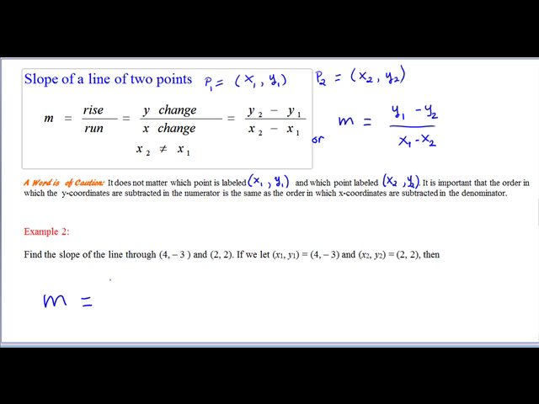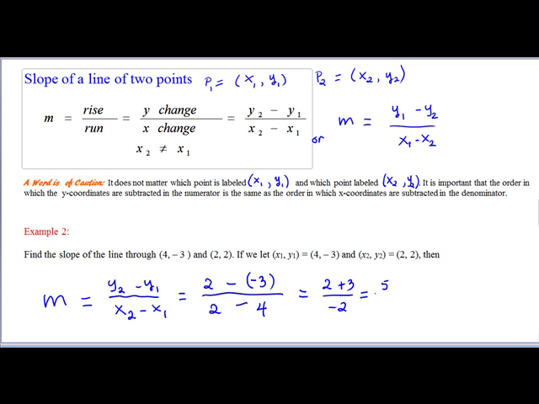Based on the formula, I have y2 minus y1 over x2 minus x1. So y2 is 2, minus y1 which is minus 3, over x2 which is 2, minus x1 which is 4. The minus and the minus become a positive, so I have 2 plus 3 over minus 2, so I have 5 over minus 2.